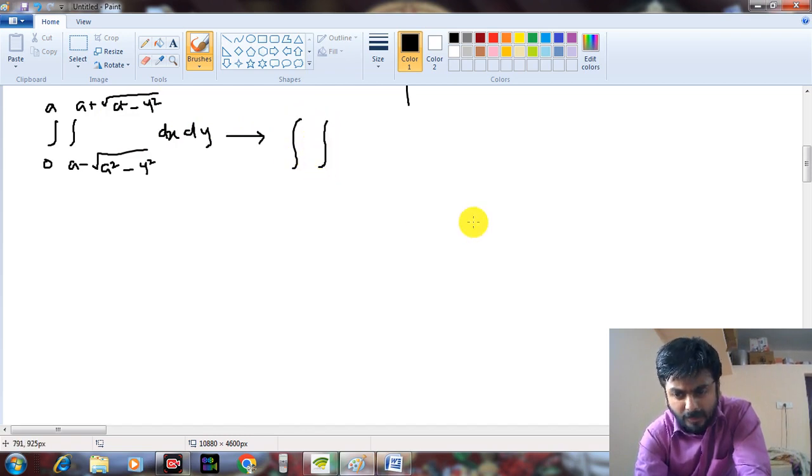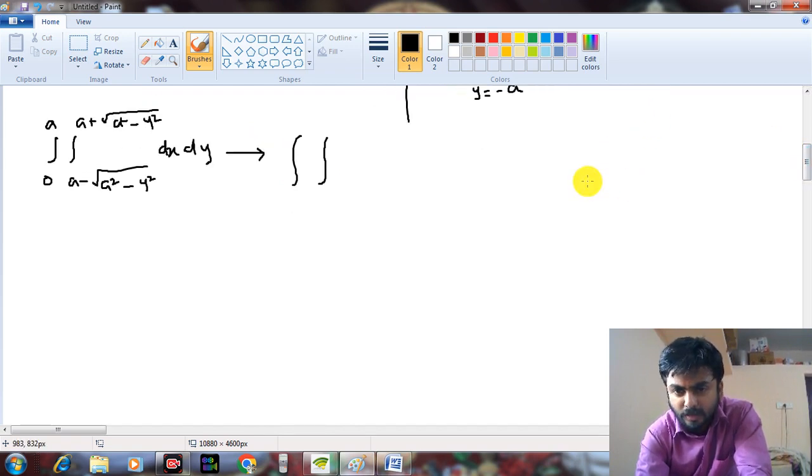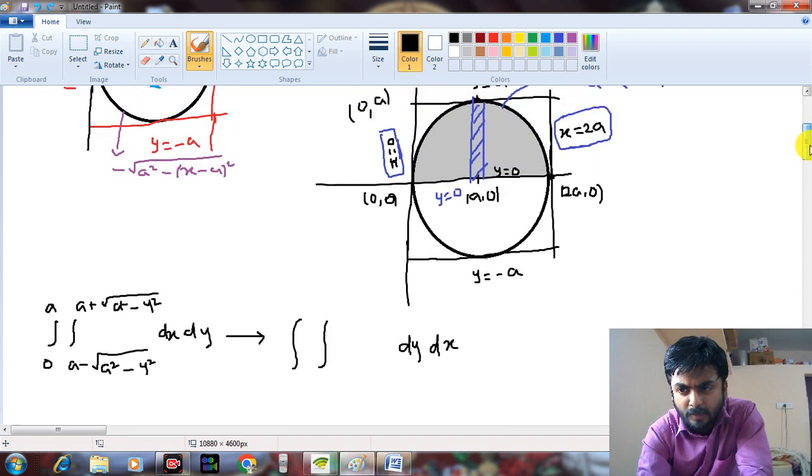The external limits are the same. First of all I shall write here the operators dy and dx. So the external limits should be the limits depending on x, and the internal limits should be in the variables of y.